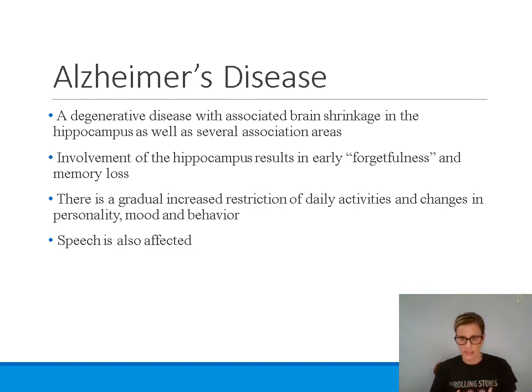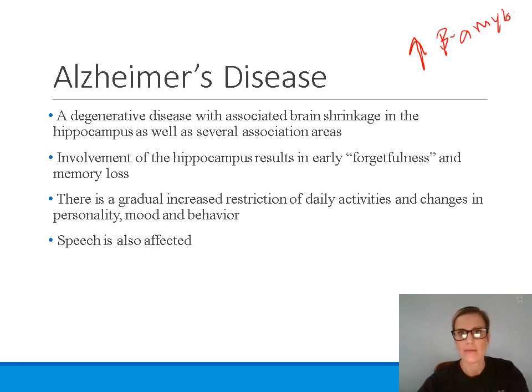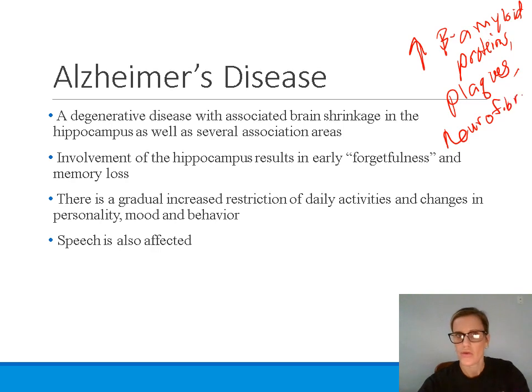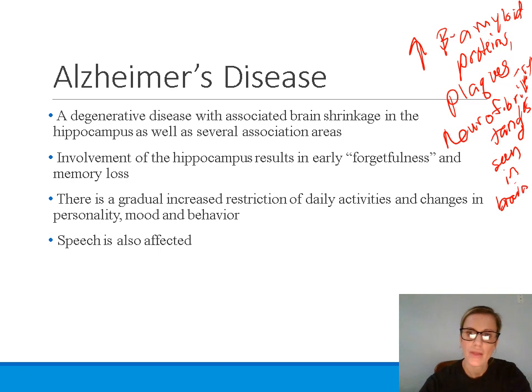Technically, Alzheimer's disease occurs because there's an increase in beta amyloid proteins, or plaques, and what we call neurofibrillary tangles are seen in the brain, and this disrupts the normal neurons, right?